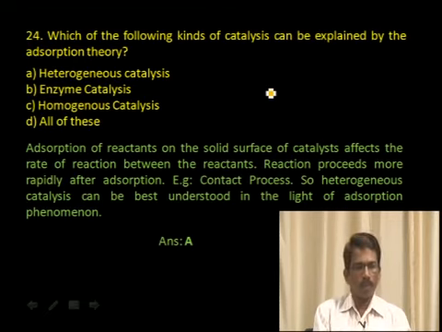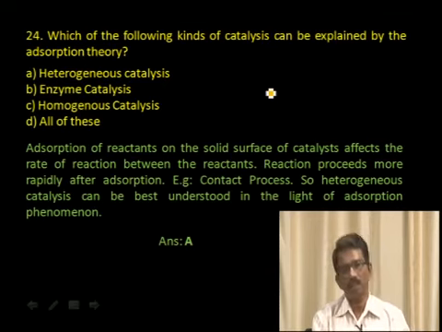For question number 24, which of the following kinds of catalyst can be explained by the adsorption theory? Normally, the mechanism of heterogeneous catalysis is explained based on the concept of chemical adsorption.